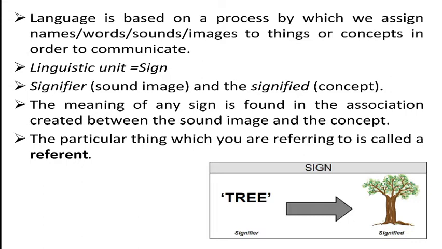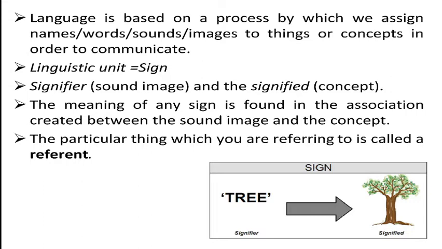Language is made up of linguistic units. They are known as signs. This sign is binary. Binary means it consists of two parts. A sign is a combination of two parts.